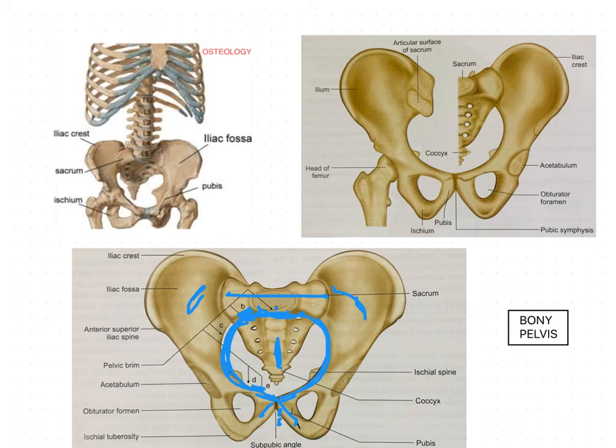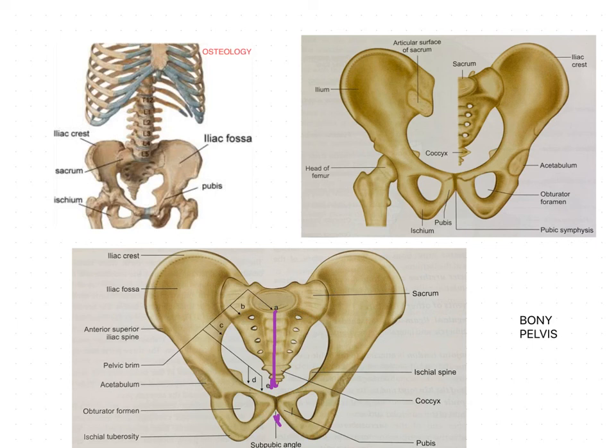It is the distance between the sacral promontory and the lower border of the pubic symphysis. This is called the diagonal conjugate.